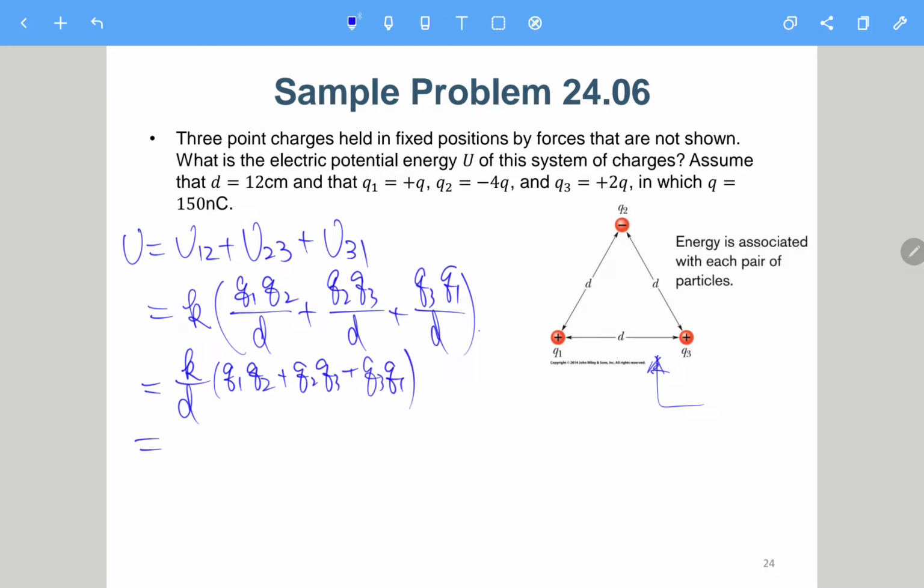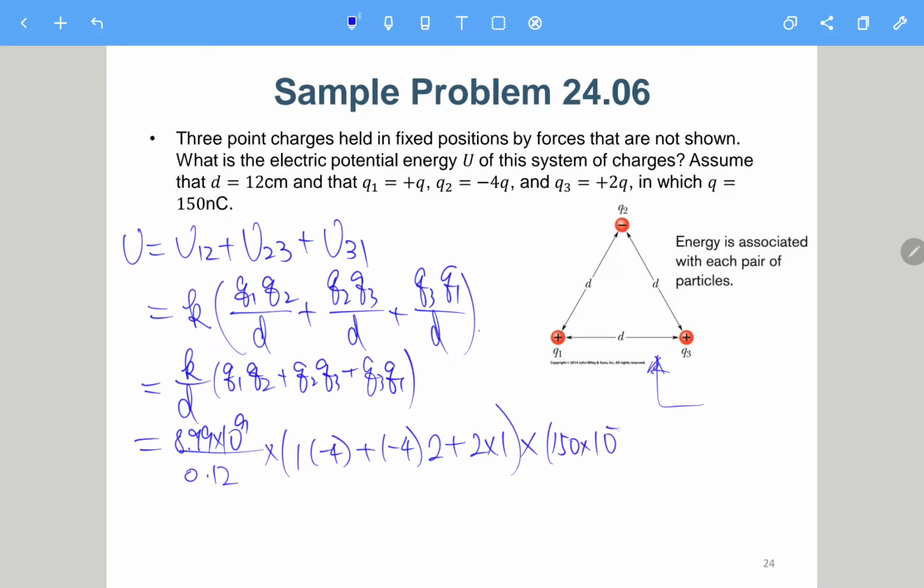Okay, so then we can substitute the numbers. K is 8.99 times 10 to the 9th power, over D, which is 12 centimeters, 0.12 meter, times 1 times minus 4 plus minus 4 times 2 plus 2 times 1, and then times 150 times 10 to the minus 9th power quantity squared, because Q1, Q2 we will have a factor of Q each, so we have a square here.